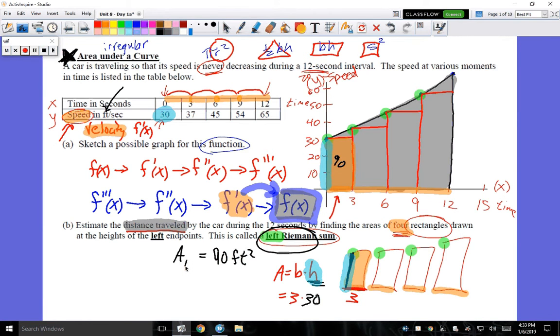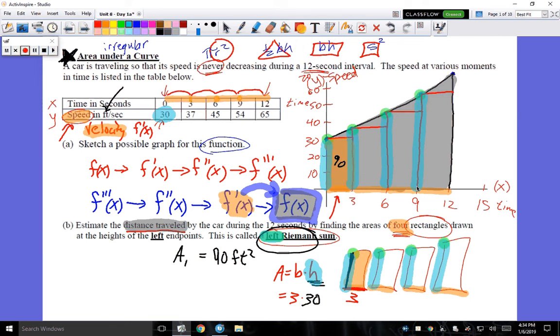Now that you get the gist of it, I'm going to go ahead and do all of these together in one shot. Keep in mind that our left Riemann sum is going to have this height, and this height right here, here, and here, and we will calculate the areas of all of those rectangles.